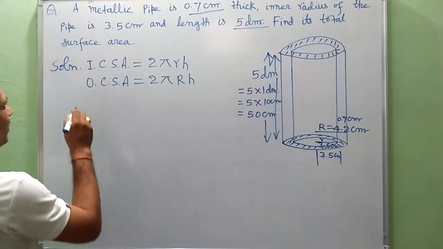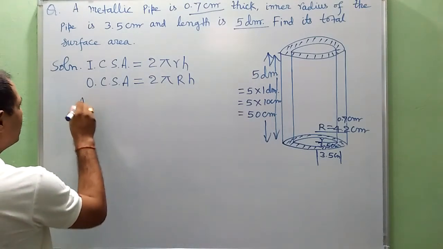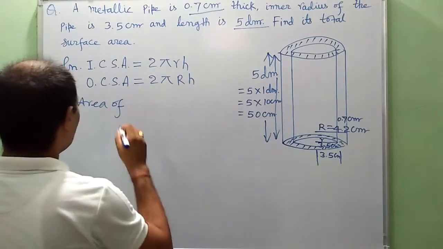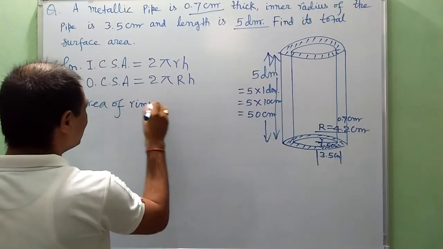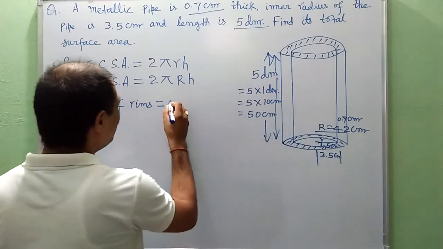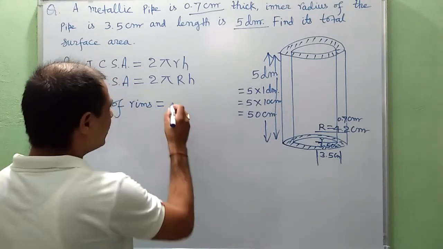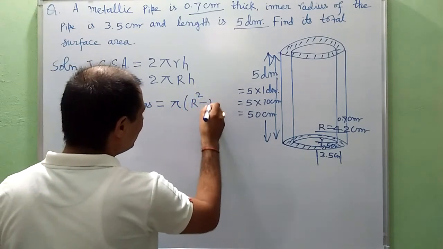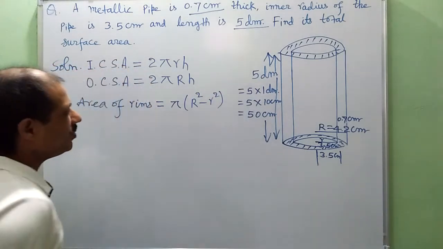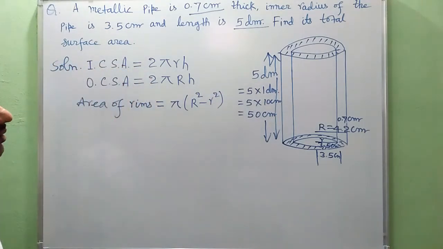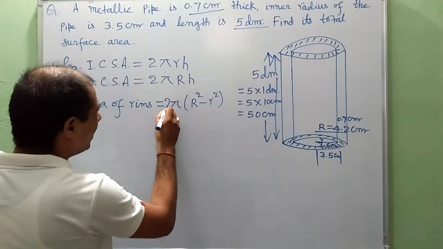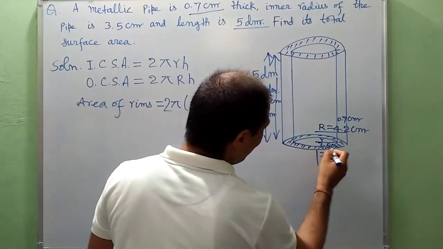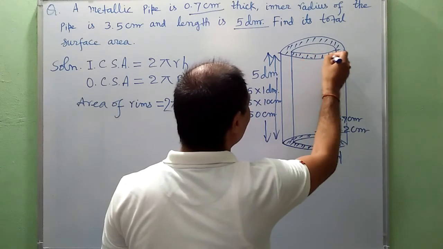So area of rims, area of base and top, will be pi into R square minus r square for the base, and we have to add top area also, so it will be 2 pi into R square minus r square.